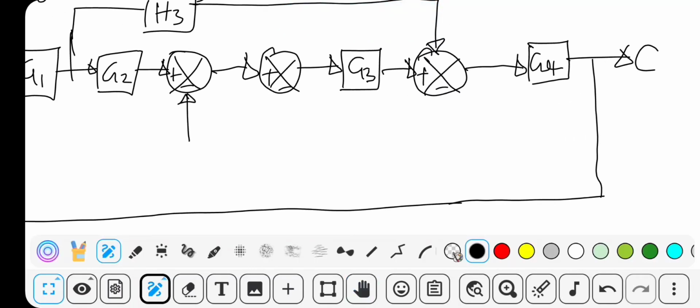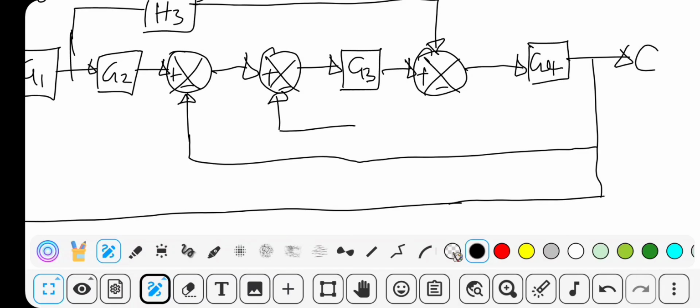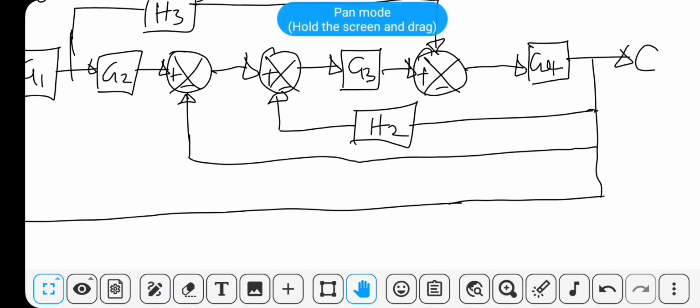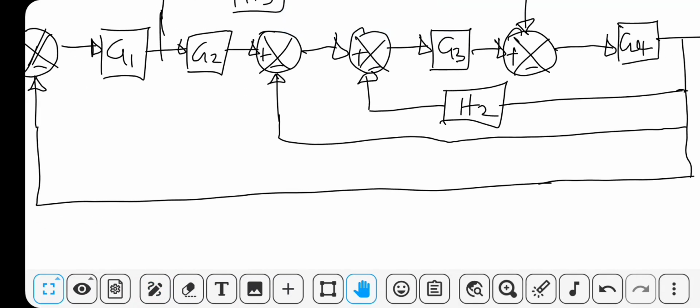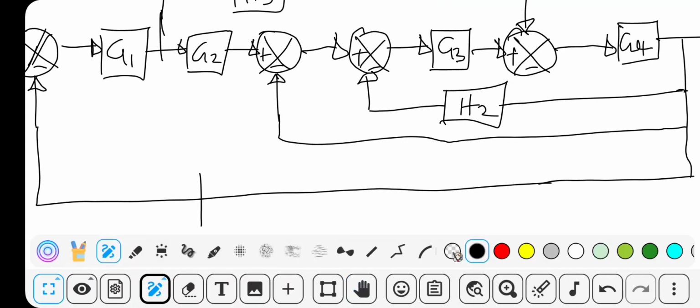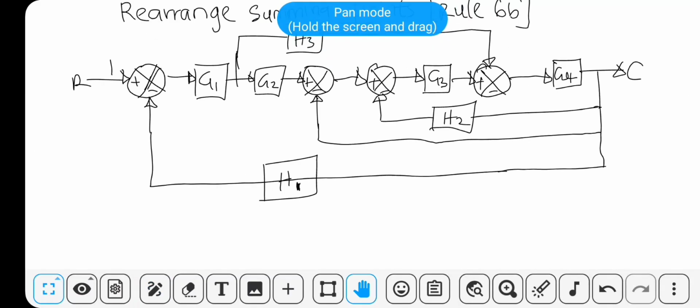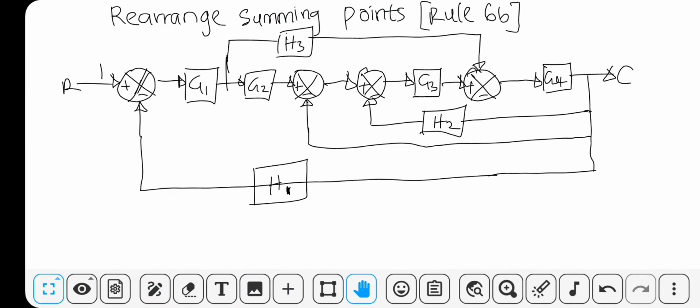From this point down to your output, and from this point down to your output. Now we can proceed. There's a block here, H1. Correct that, please. There's a block there, H1 block.